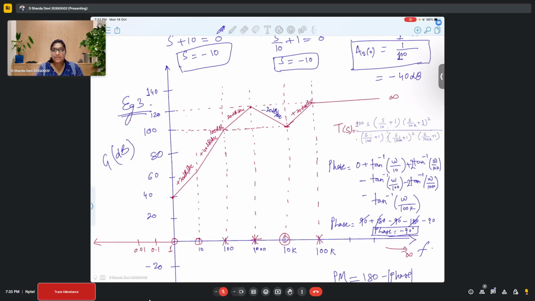From the phase margin's perspective it is stable, and in concept it is stable, but technically speaking the gain is continuously increasing by 20 dB per decade.